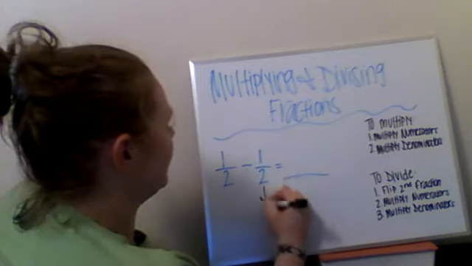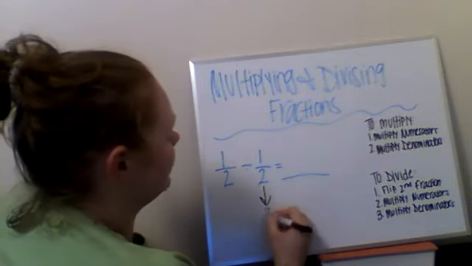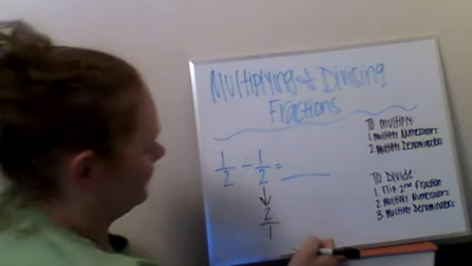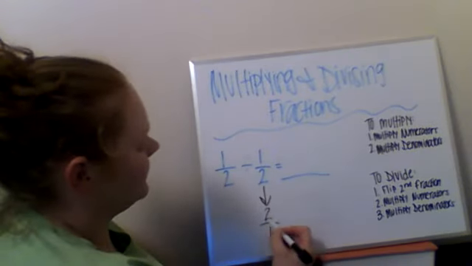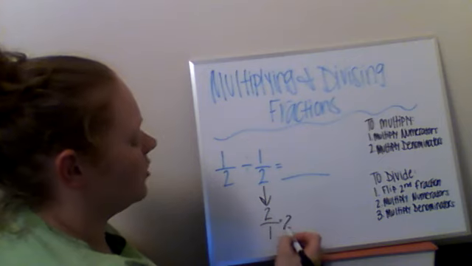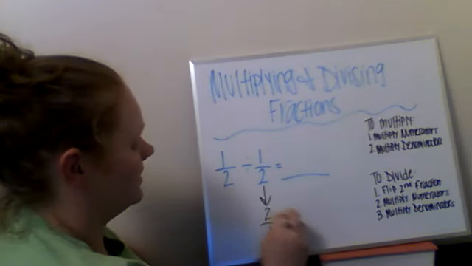I'm going to look at my second fraction and flip it, so instead of 1/2, it's going to be 2 over 1. When you have a number over 1, it's just equal to that number. So this fraction is actually equal to 2, just putting a whole number in fraction form. That's why it's 2 over 1.